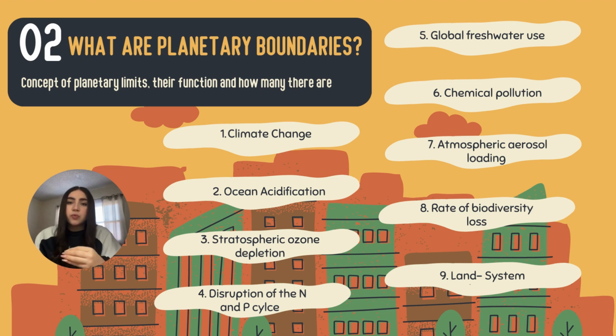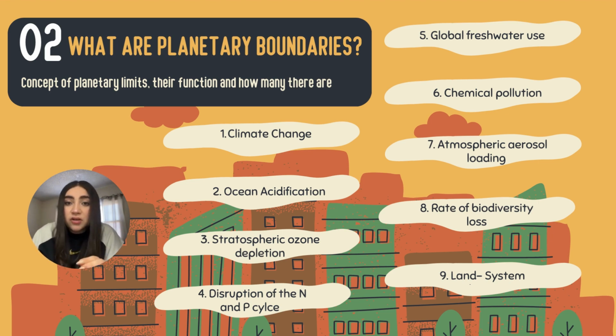They published their work on the Ecology and Society page, where they established that there are 9 planetary boundaries or ways of measuring the global crisis, allowing us to have a safe space and stay in the Holocene as long as we don't exceed the limit.